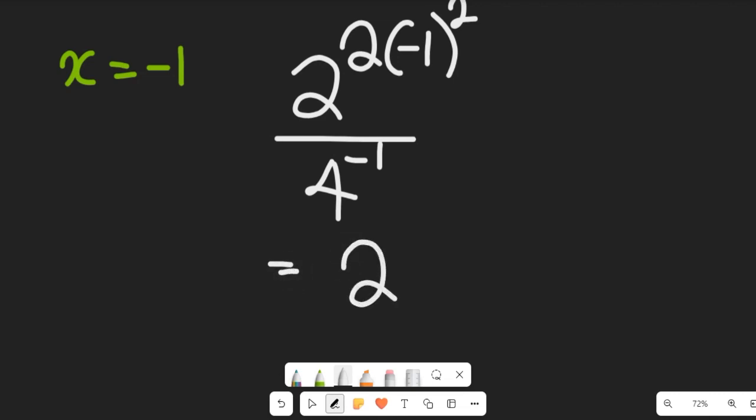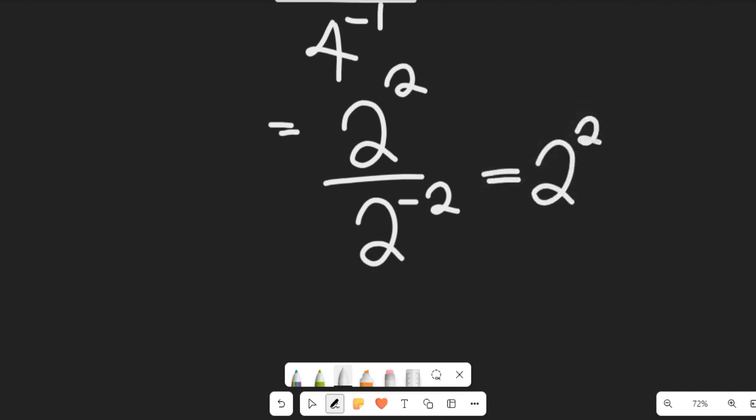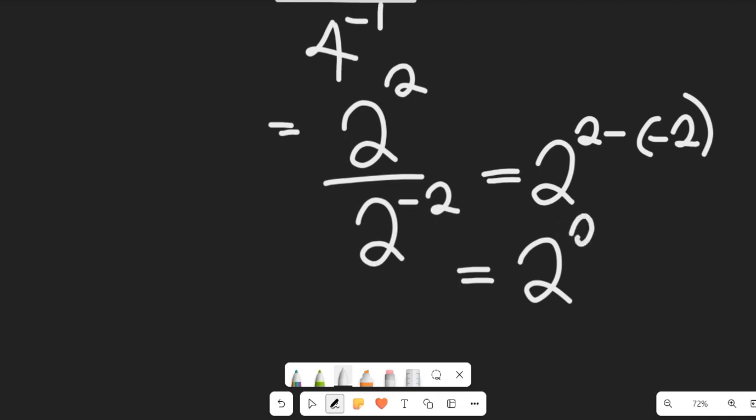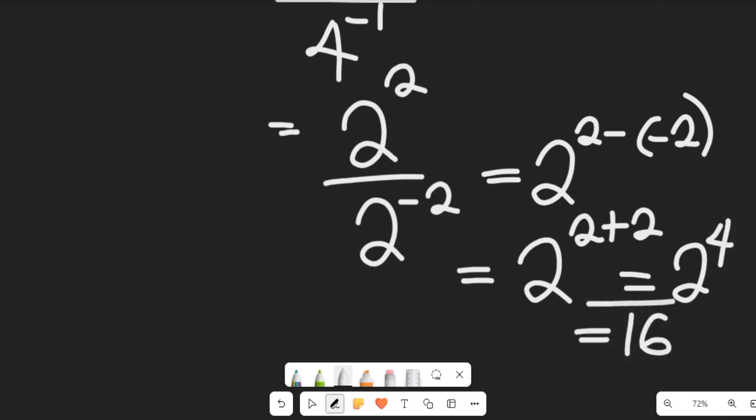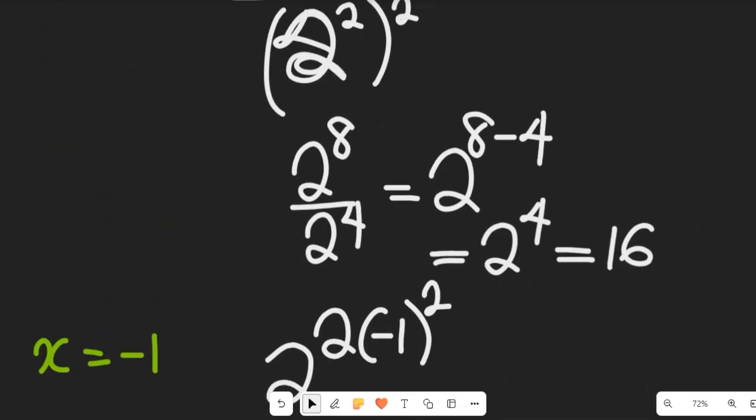So we're going to have 2 to the power of 2 divided by 2 to the power of negative 2. Simplifying this expression, we'll have 2 to the power of 2 minus negative 2, comparing the laws of indices. So this will give us 2 to the power of 2 plus 2, which is equal to 2 to the power of 4. And 2 to the power of 4 is equal to 16. So that shows that x equal to negative 1 is also a perfect solution.